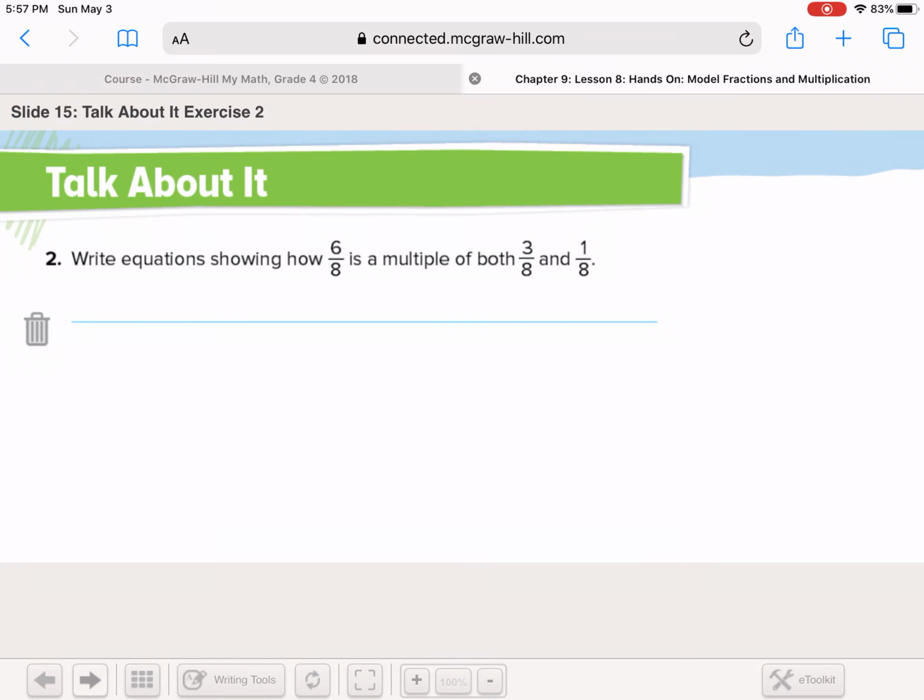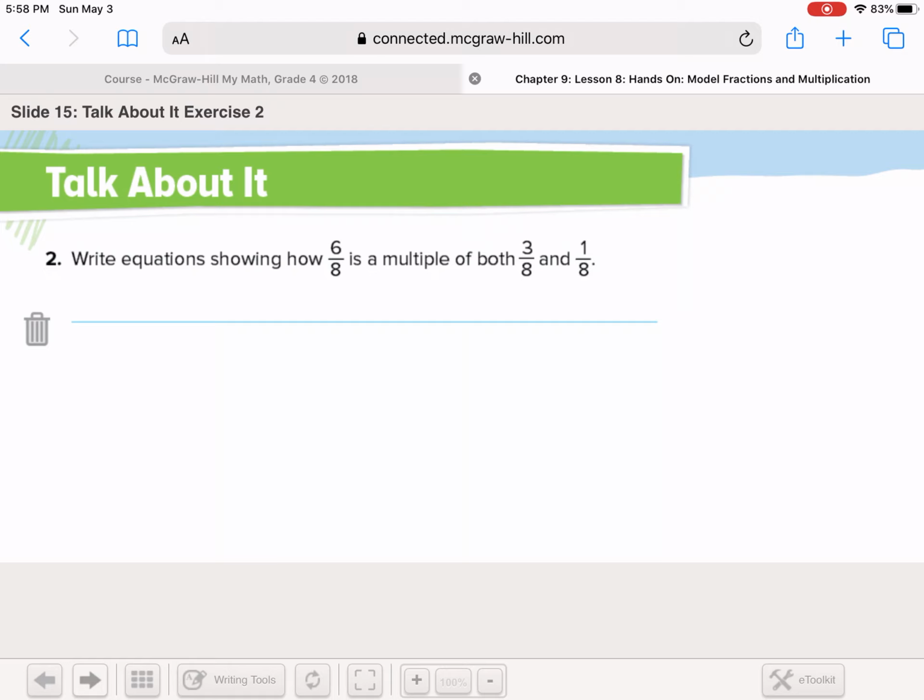All right, so I'm going to do this, right? Equations, and I got to make sure that I'm not infringing on your, okay, so to try it, it looks like this is what you're supposed to do. Oh, no, okay, I can still do this. Gotcha. Write equations showing how 6/8 is a multiple of both 3/8 and 1/8.